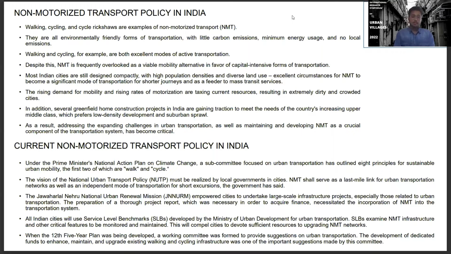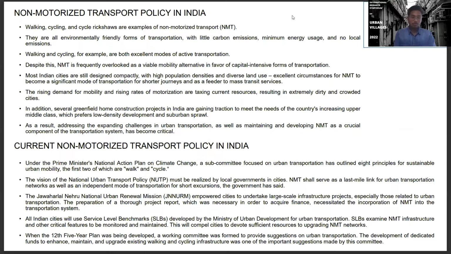Now, the current NMT policy in India speaks about service level benchmarking, developed by the Ministry of Urban Development for urban transport. Basically, SLBs examine the NMT infrastructure and other critical features that help in monitoring and maintaining the service levels of these stated NMT policies.